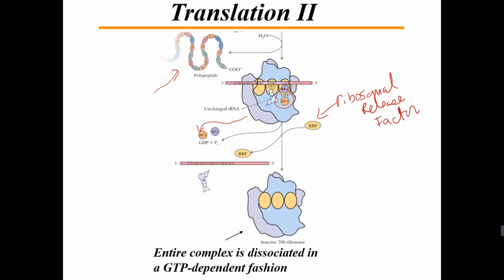And this is also bound to GTP that will cause dissociation of the entire complex, so that we get an inactive 70S ribosome with empty E, P, and A sites, and dissociation of the mRNA and that transfer RNA that was found in the P site. And again, this is carried out by hydrolysis of RF3 and also the ribosomal release factor.